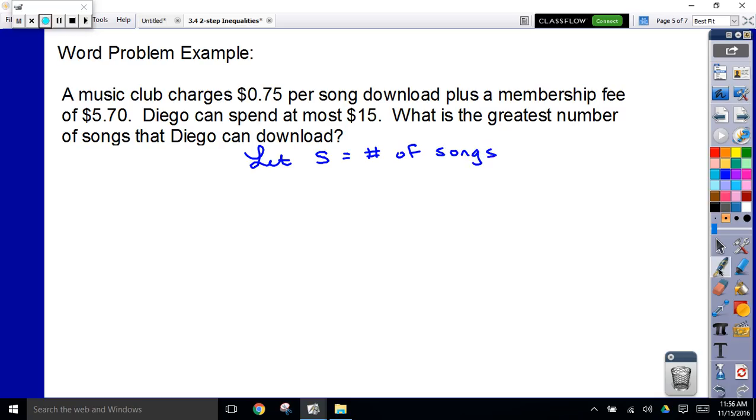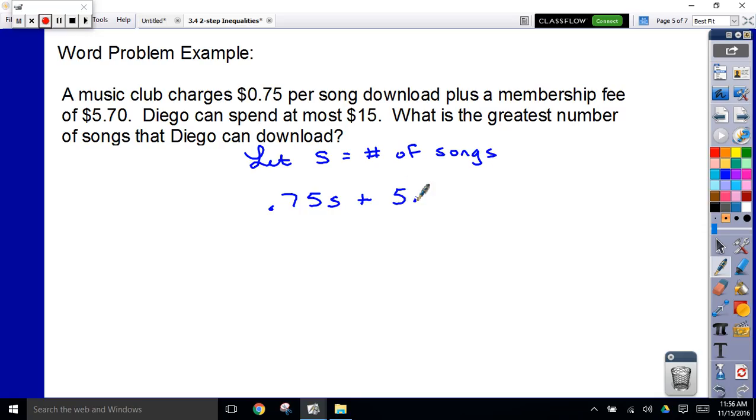Okay, any ideas about how we could write this as an inequality? Even if you can just set up the left side of it, you don't have to give me the whole thing. Go ahead, Megan. S plus, yeah, you're actually right.